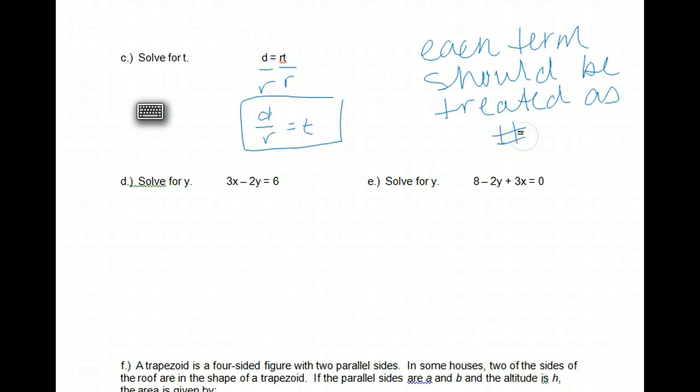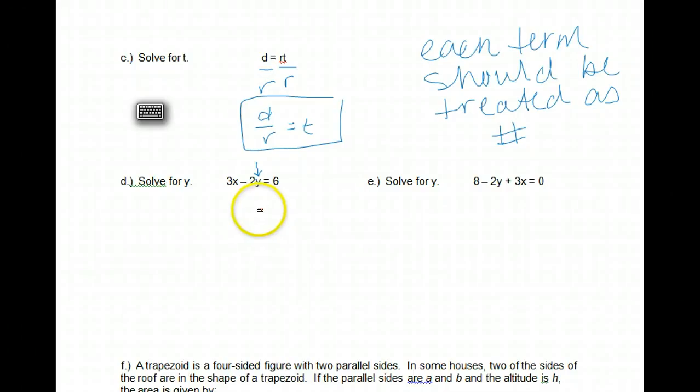If you remember that, then you can manipulate each term the same way that we manipulate every other term as we're solving equations. Now, we want to isolate y, so I'm going to draw a little arrow above it so that I remember that that y is what I need to isolate and get by itself.